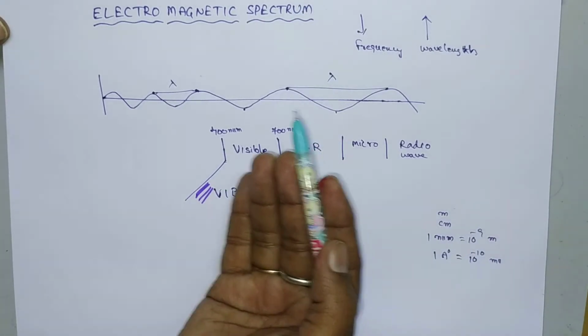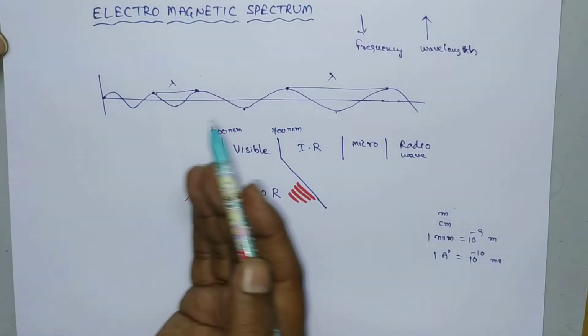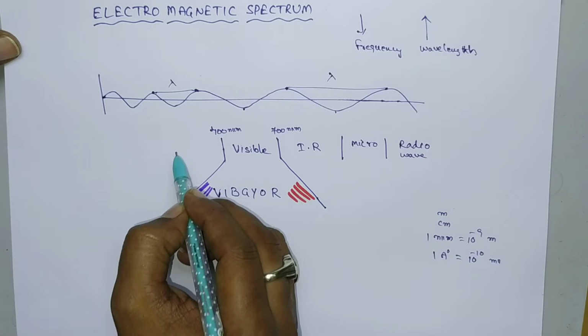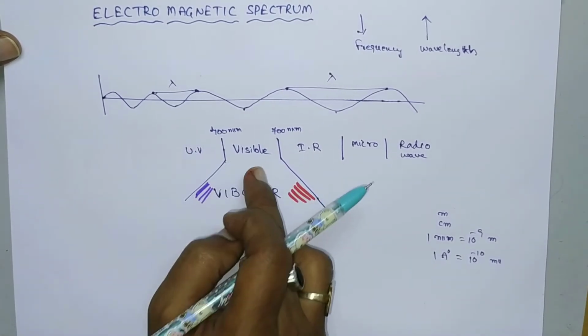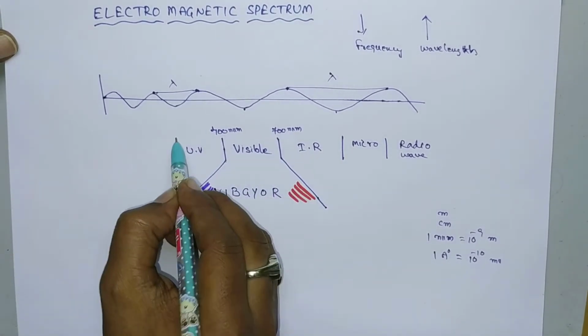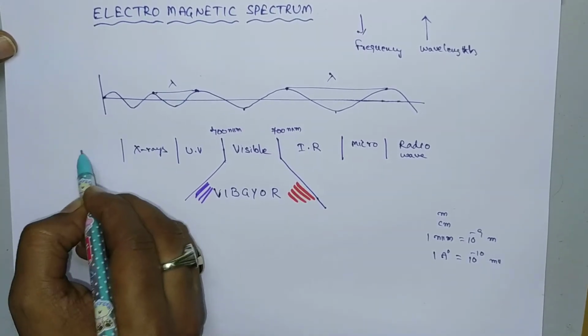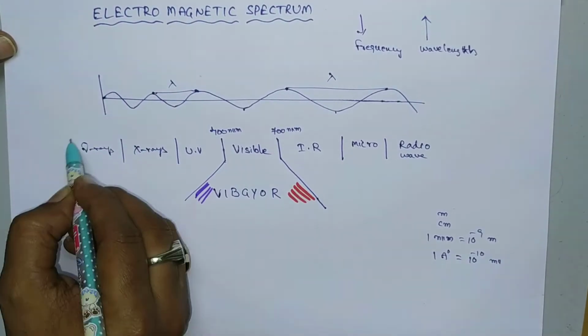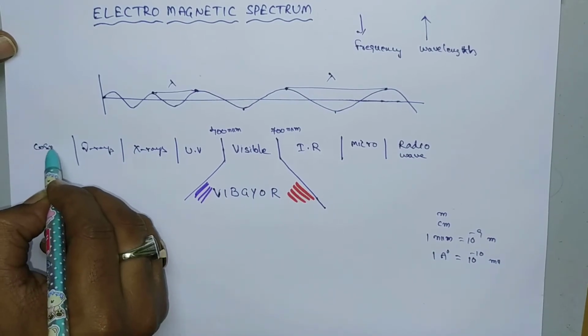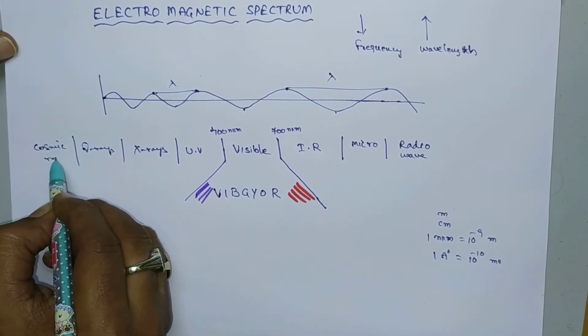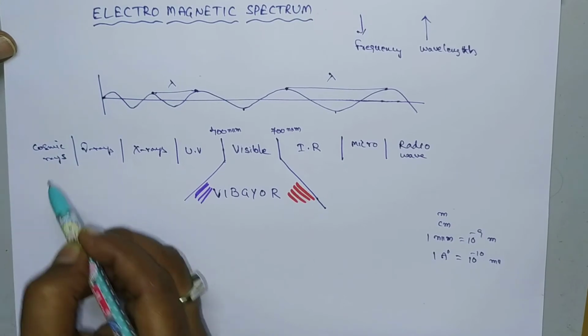Next, if we move towards the left hand side, in the order of decreasing wavelength, UV radiation possesses less wavelength than visible radiation. Next are X-rays, then gamma rays, and then cosmic rays. Cosmic radiation possesses the highest energy.